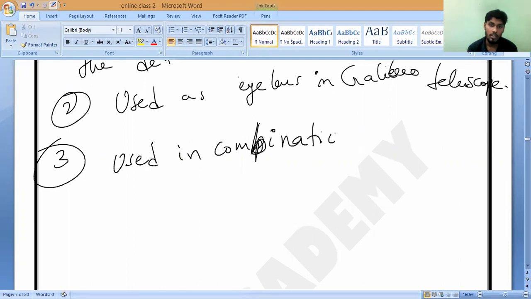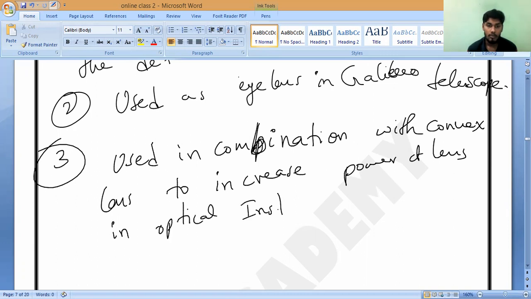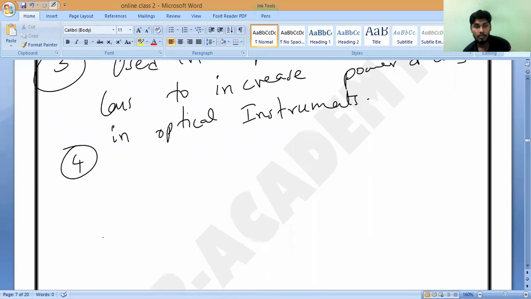Used in combination with convex lenses to increase power of lenses in optical instruments.